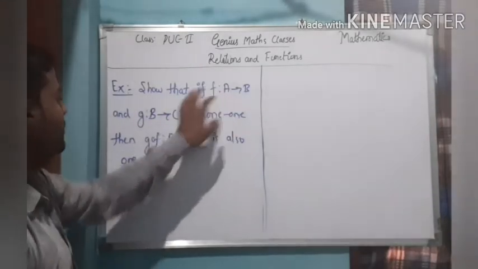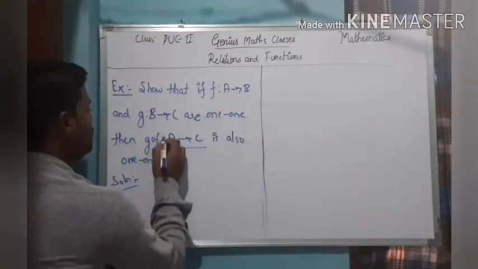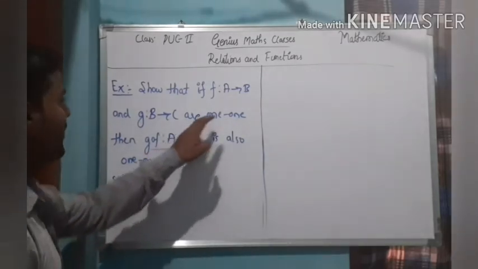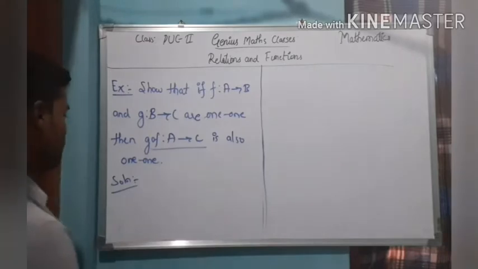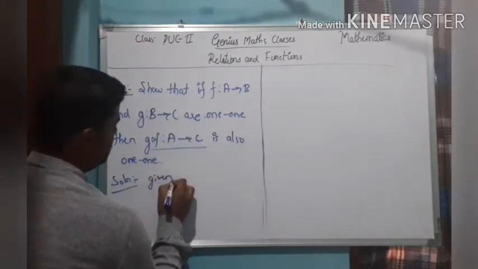Both f and g are 1-1 functions. Then we need to prove that g naught of f from A to C is also 1-1. Proof. What is given?